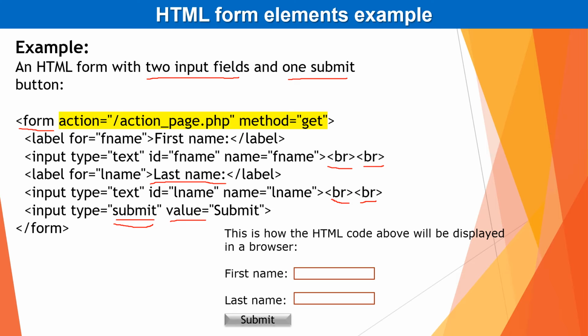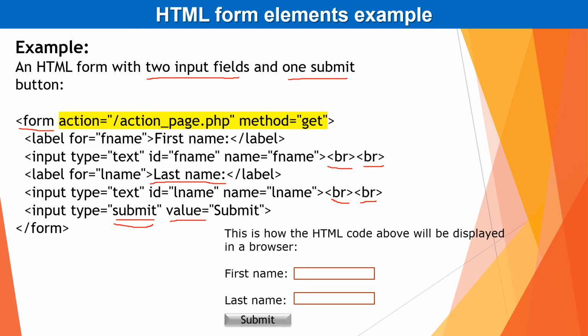Okay. So at the last, end form, that is a slash form, is given in angular brackets. So all of these are the form declarations and how the form will be acted on the browser is given. And then this HTML code above will be displayed in a browser.